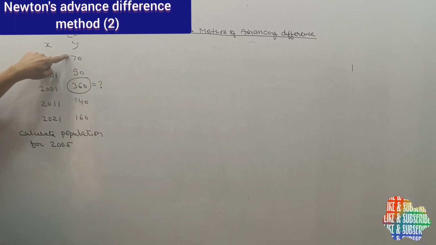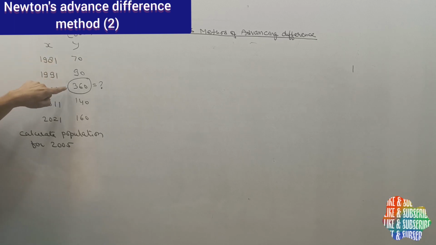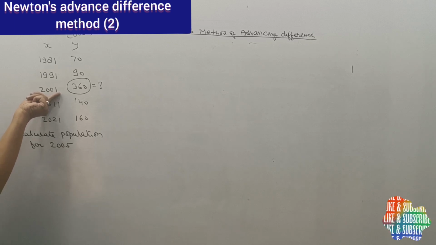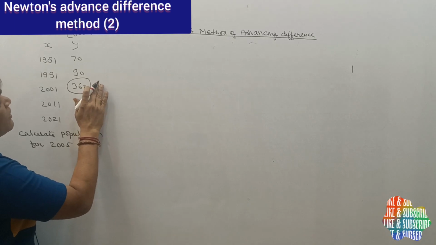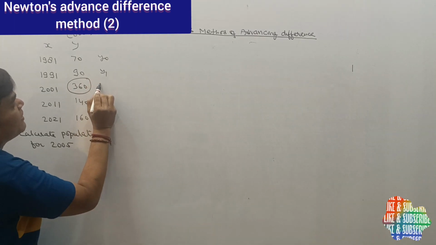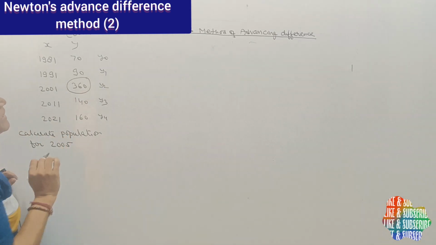Firstly, we have to check which value is wrong, so we check the data for 2001. For 2001, this is wrong. So we have y0, y1, y2, y3, y4. Firstly we will check this.